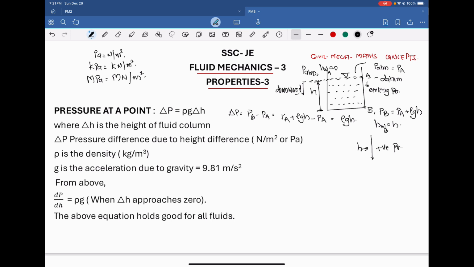Because as the height increases in the rho gh formula, the pressure increases. h increases implies pressure increases, provided h is measured downward.